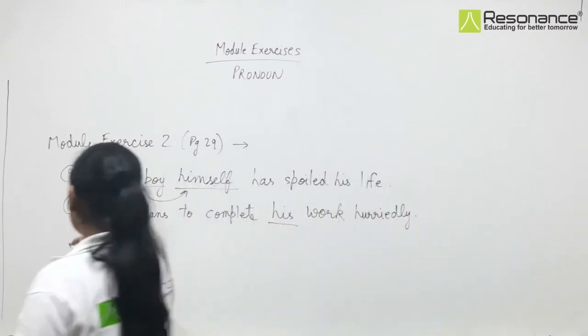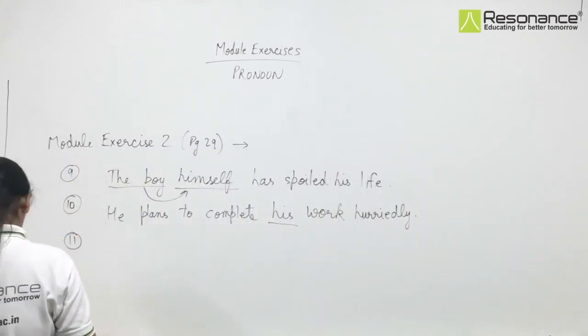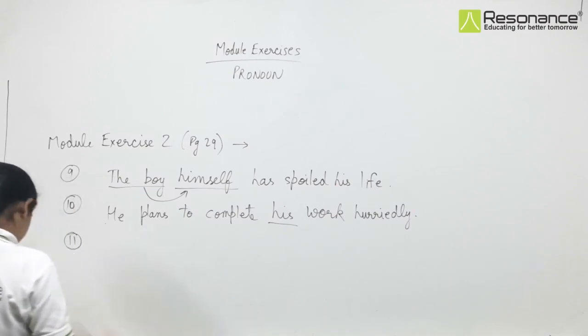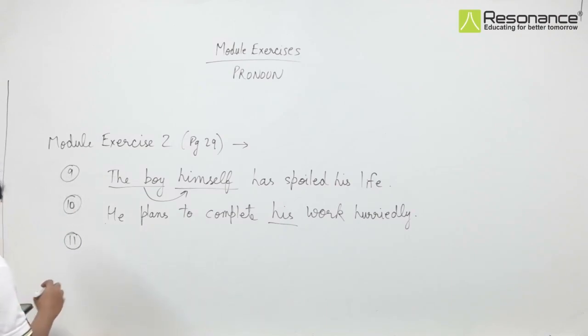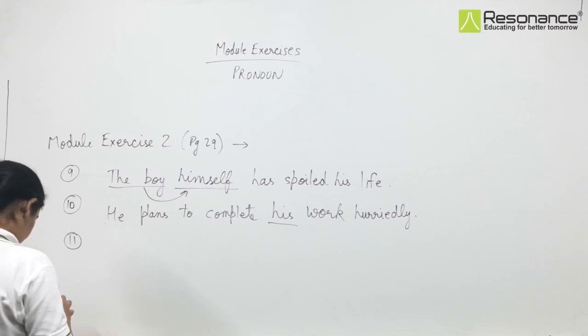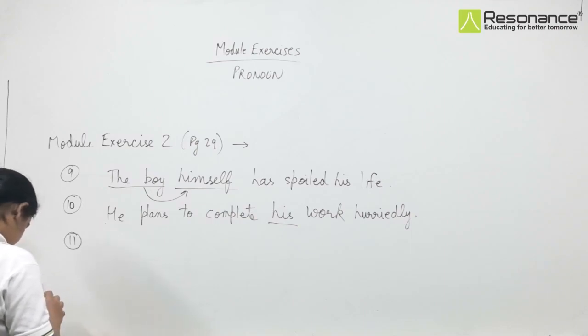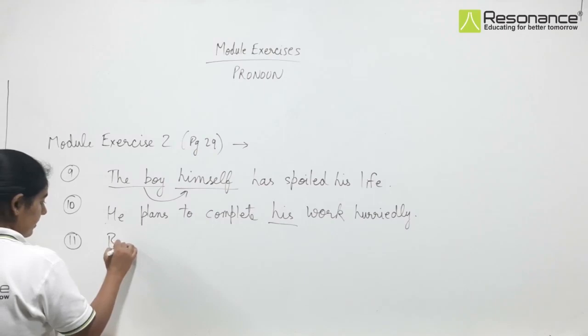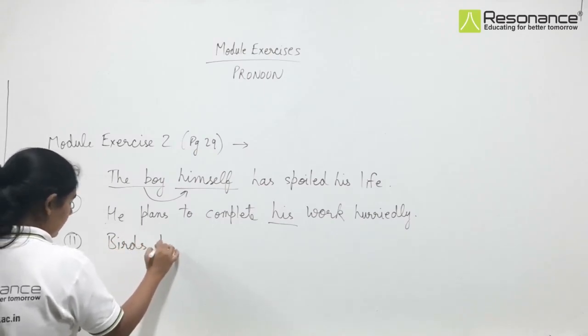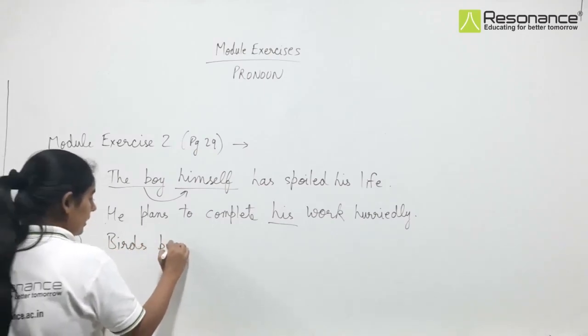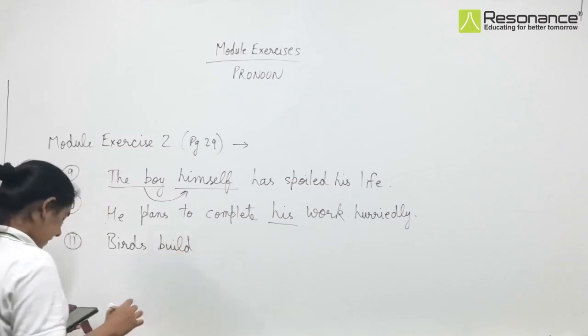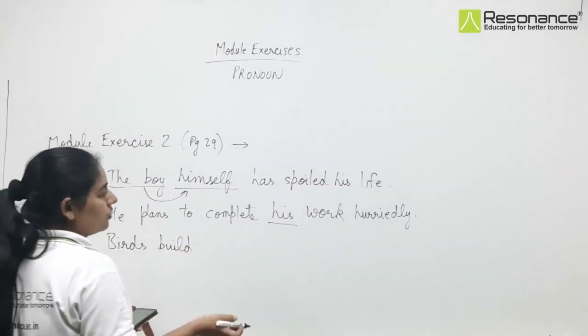Hurriedly means quickly. Then question number 11. Birds built its nest in trees. So you will write, birds build. Now here in the sentence, its is written, but its is used only for things.